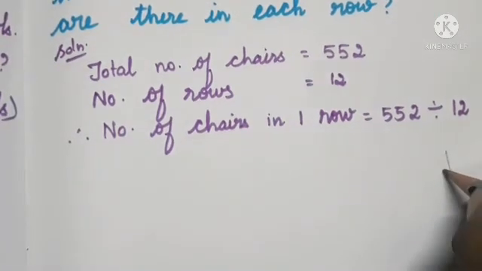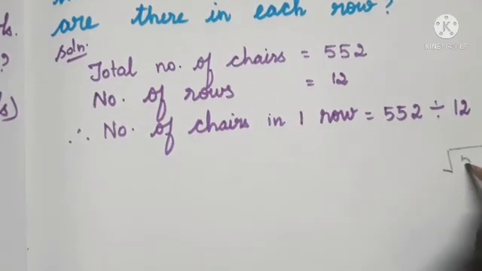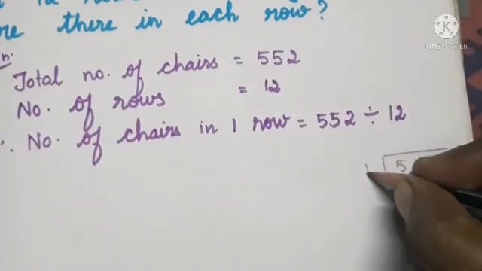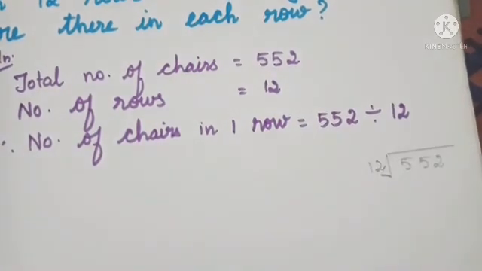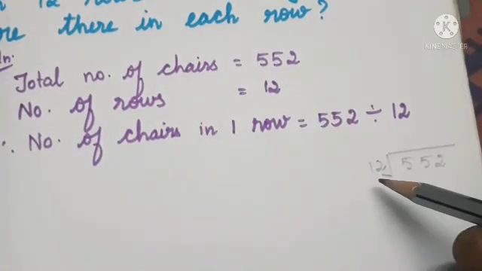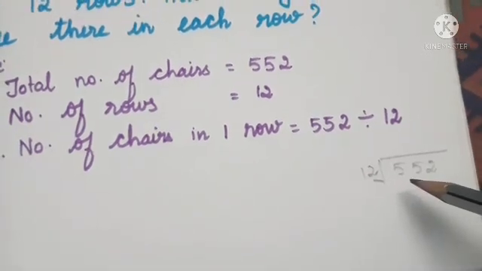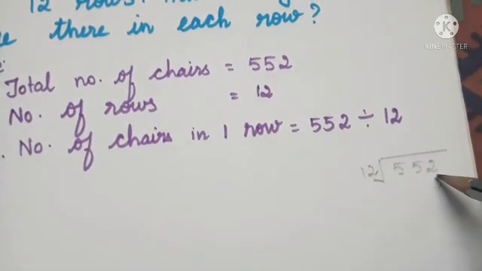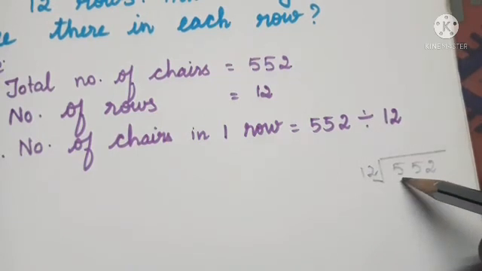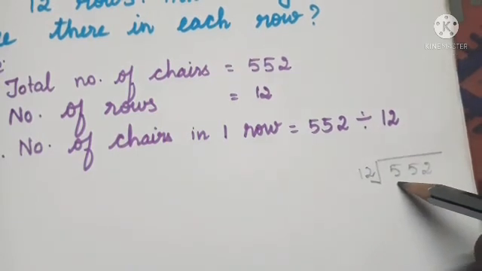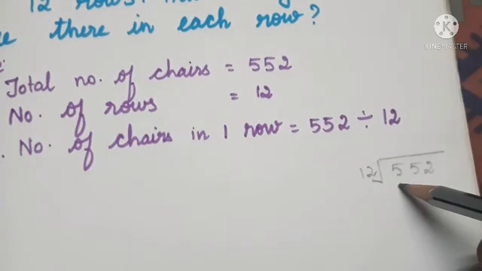As rough work we can do it at the right side. So 552 is going to be divided by 12. So we need to know the 12th table. Look at the first number: this is ones, tens, hundreds. In the hundreds place we have 5. So first we take the hundreds place value.